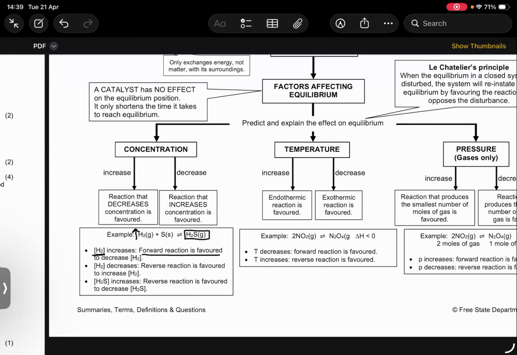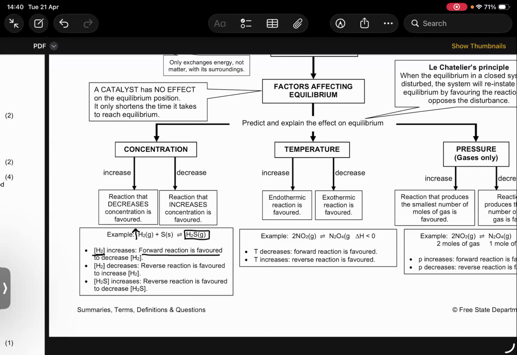Are we together? Because of the system, it will use that hydrogen to form more hydrogen sulfide. Are we together? Yes, sir.